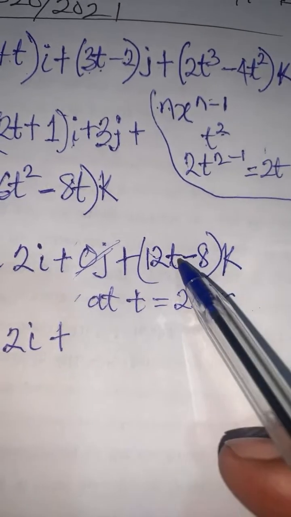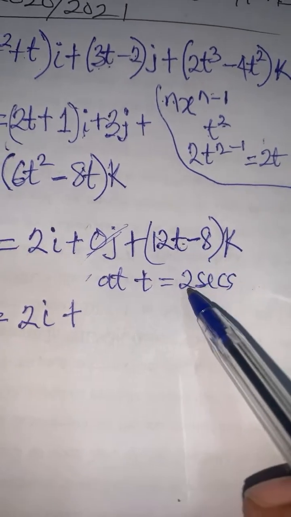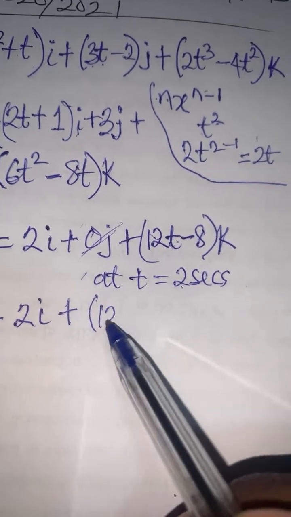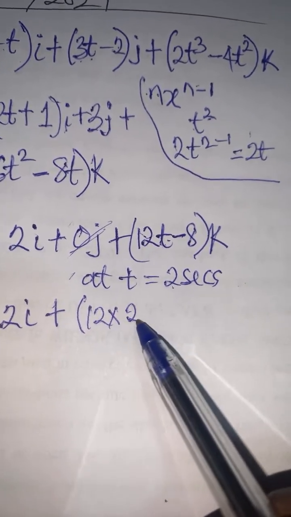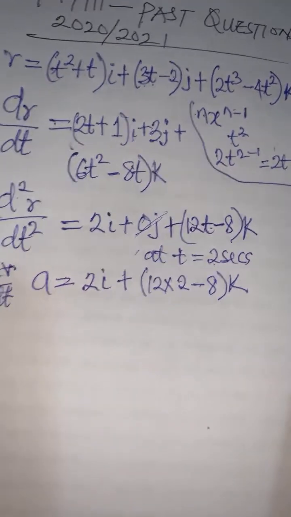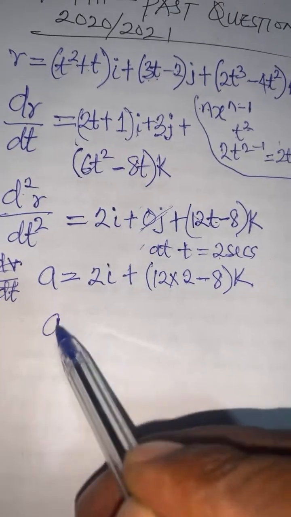So anywhere you see t, you plug in your 2. So we have here 12 times 2 minus 8, then k. All right?